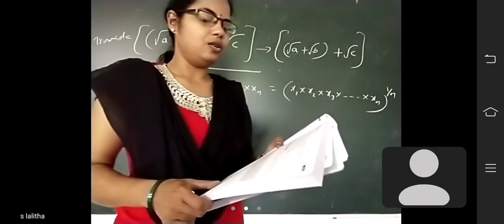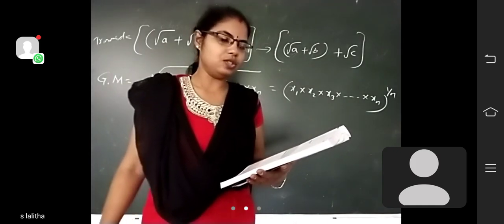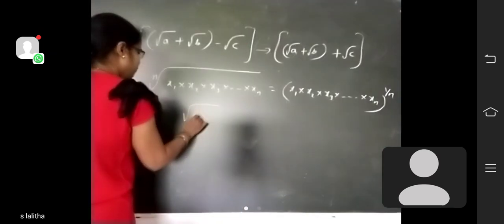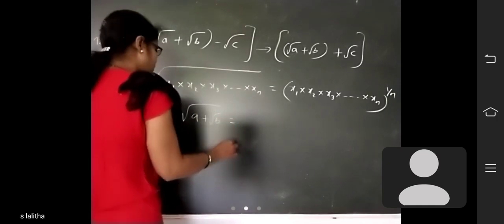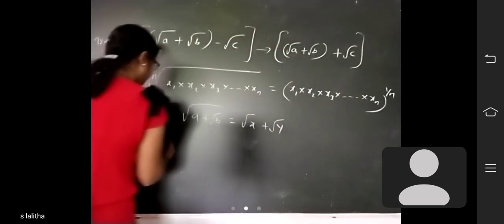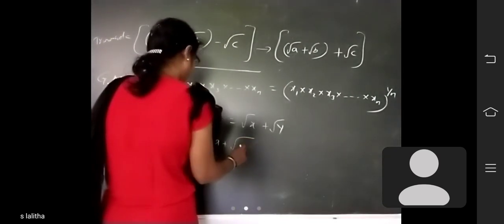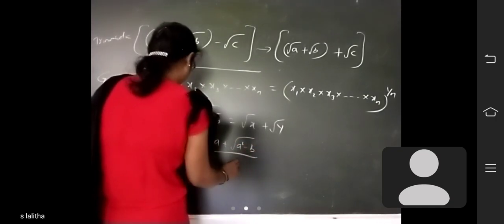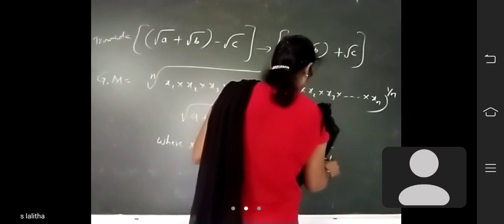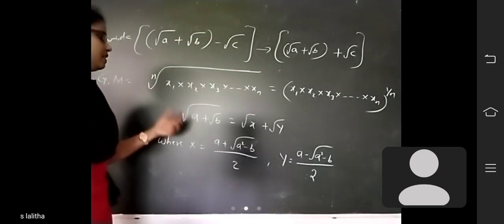If a, b, and root of a square minus b are positive rational numbers and root b is a surd, then root of a plus root b is equal to root x plus root y, where x is equal to (a plus root of a square minus b) by 2 and y is equal to (a minus root of a square minus b) by 2.